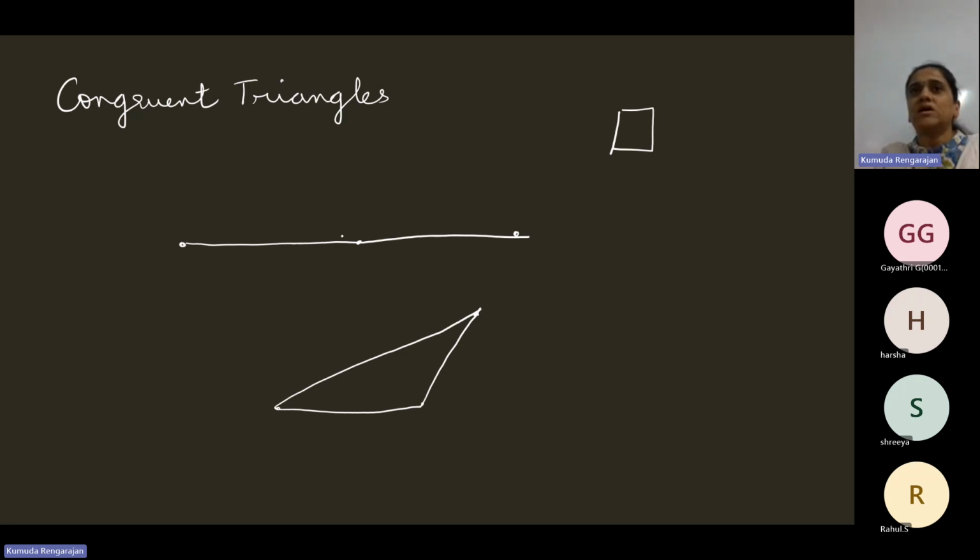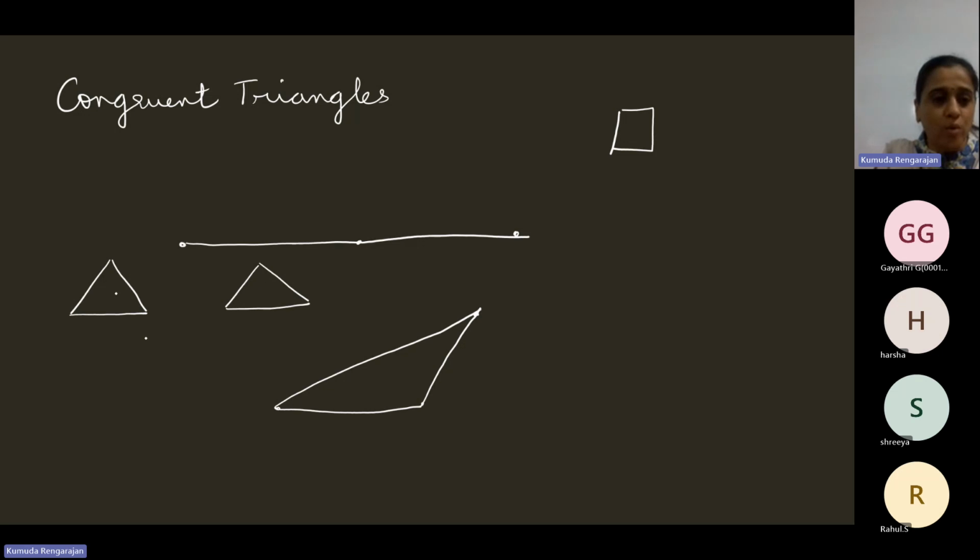Which means if you have paper cutouts of two triangles and you place one over the other, they'll coincide. But you should place them in a particular way. Supposing this triangle and this triangle are identical.